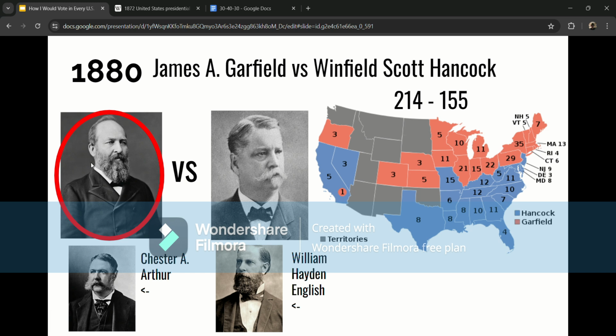Garfield is known as somewhat of a reformer, kind of like a middle ground between the stalwarts and the half-breeds. Chester A. Arthur is a stalwart. He's known as a politician from New York, previously a collector of the port, which is a very corruption-heavy job, if you will. And prior to this, had no political experience whatsoever.